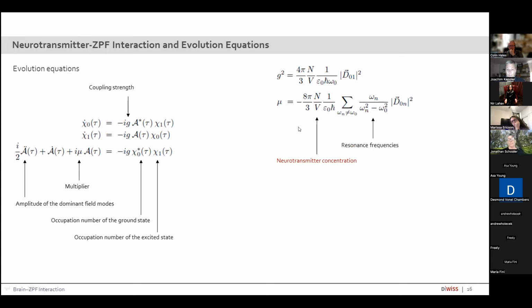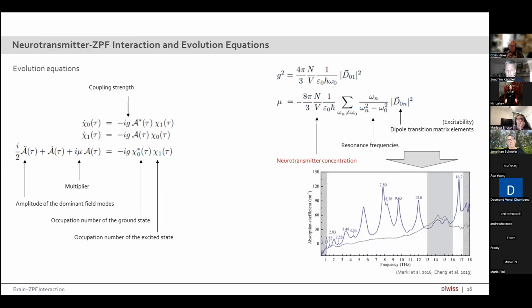And we have the resonance frequencies of the neurotransmitter molecules and the excitability of the neurotransmitter molecules, expressed in terms of the dipole transition matrix elements. And these properties can be derived from the absorption spectrum of glutamate. Once you know the absorption coefficients of glutamate, you have the resonance frequencies and the excitability.